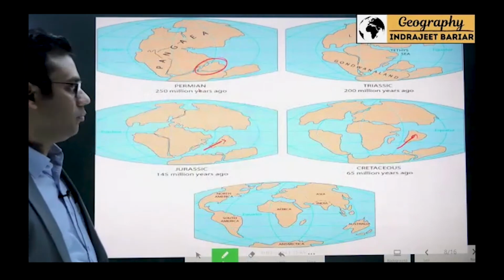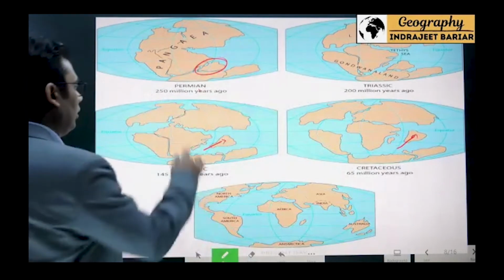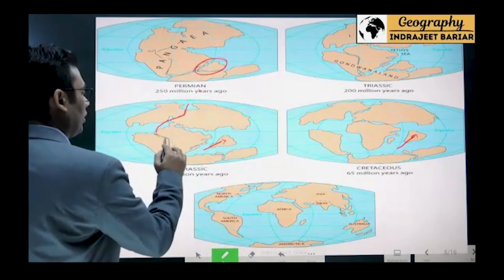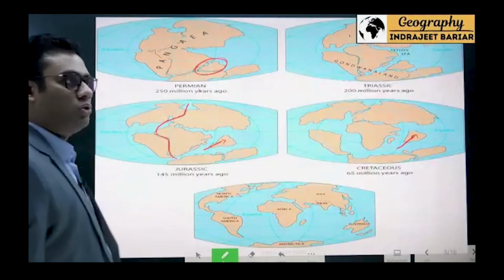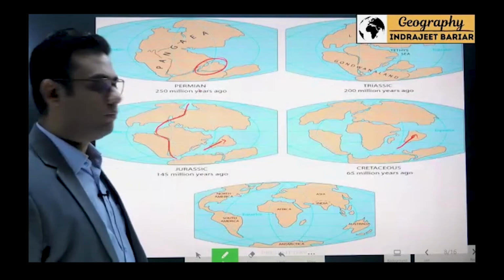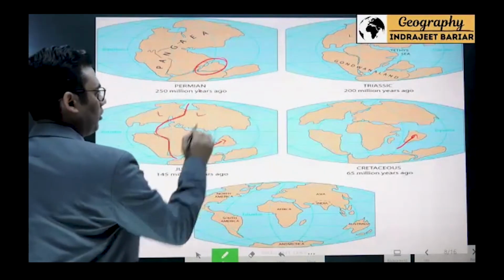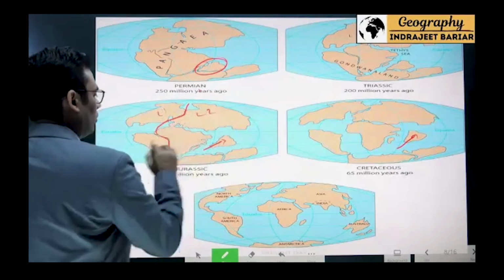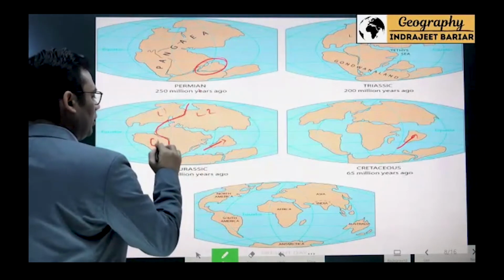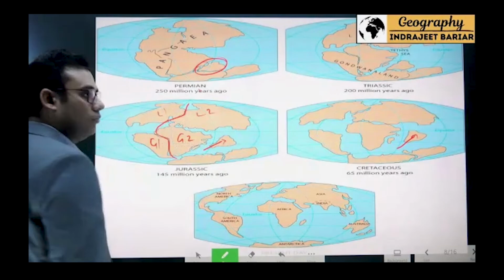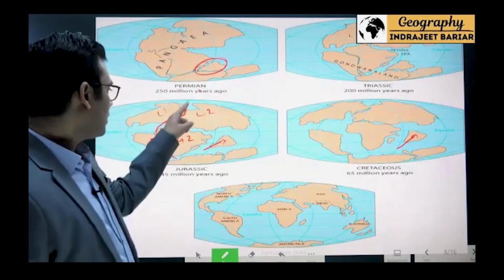Along with that, another important thing that has happened is this part, which is most important in proving CDT. This is the part of Laurasia. Let's say L1, L2. This is Gondwana land G1, G2. यहां से क्रैक आया फिर.